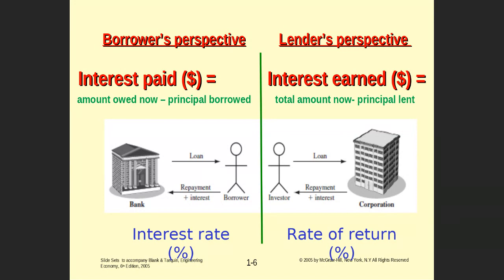If it is money that you are gaining and earning, then it is rate of return. Hopefully those examples clarify the question. Yes, doctor, thank you. Okay, any more questions?